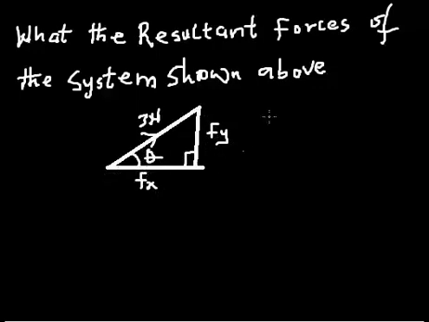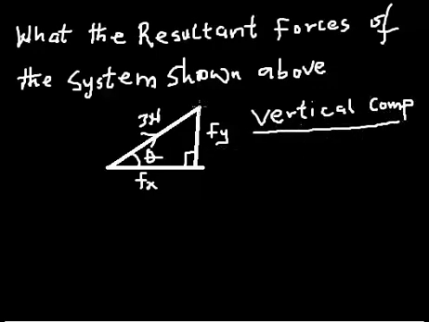So if I want to get the vertical component, the vertical is the opposite of this triangle, and the vector itself is the hypotenuse.